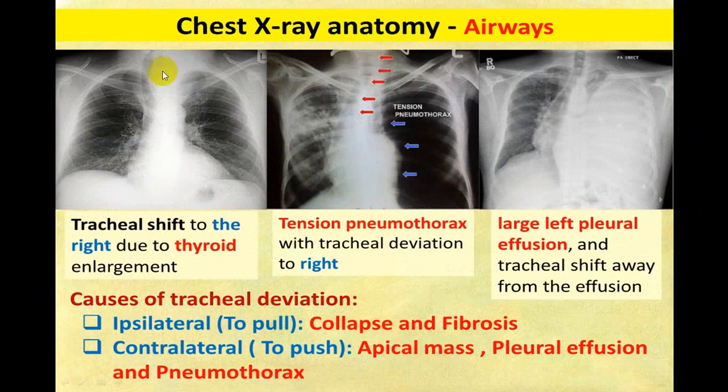Now you can see here the trachea is pushed from the left side towards the right side. This is because of a push, and there is some structure here. This is thyroid enlargement, or a retrosternal thyroid gland. Now here if you see, the trachea is pushed towards the right side.